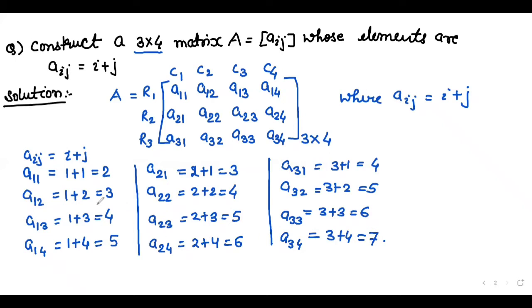Now I'm going to represent all these element values in this matrix. I am representing here A11, it was 2. Then A12, it was 3.